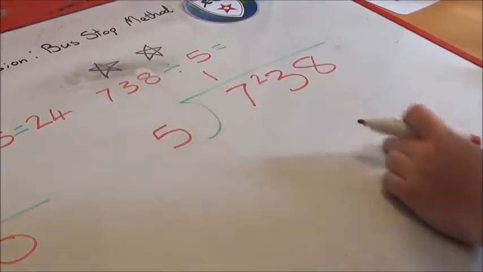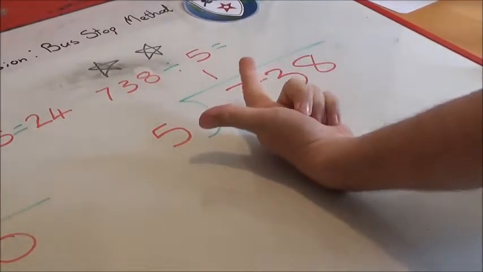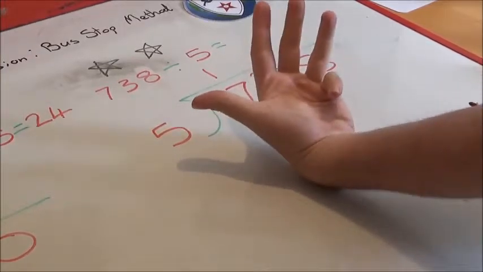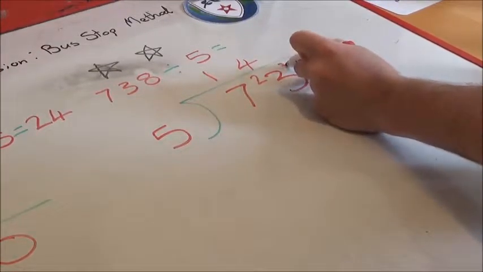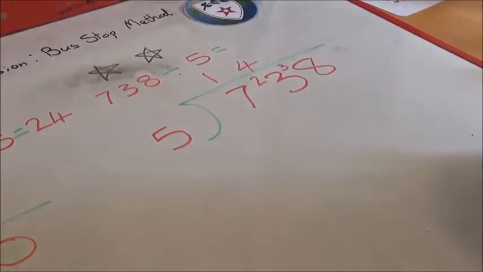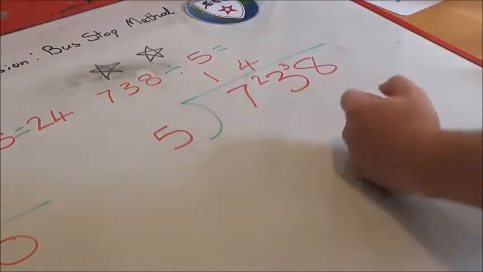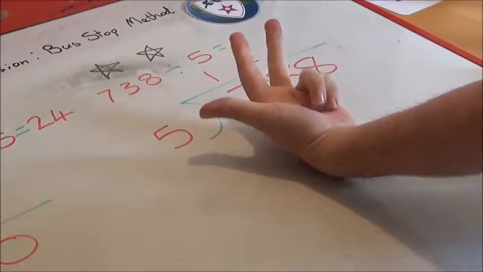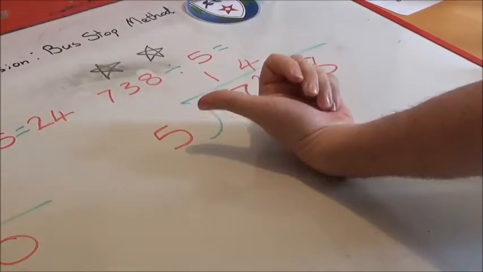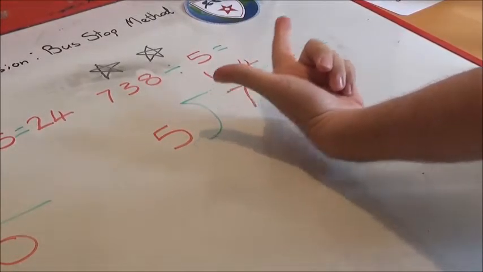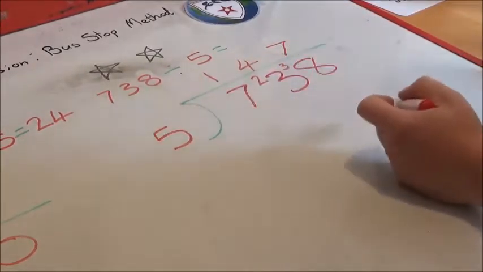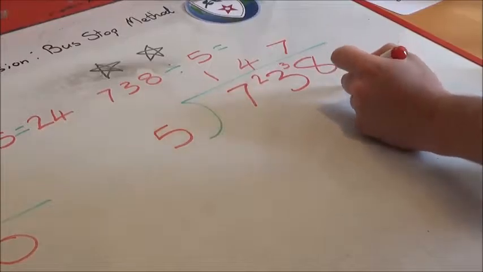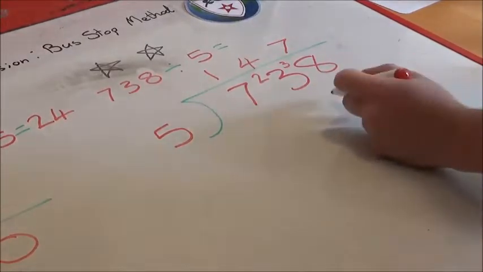How many times does 5 go into 23? 5, 10, 15, 20, 4 times, and then I have 3 left over. And then how many times does 5 go into 38? 5, 10, 15, 20, 25, 30, 35. Can't go any further. So I'm going to put my 7 up here, and then 35, 36, 37, 38. So this is my remainder.